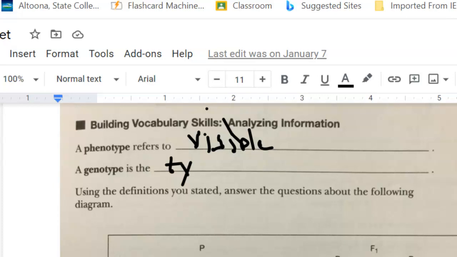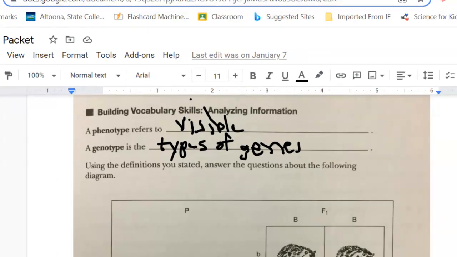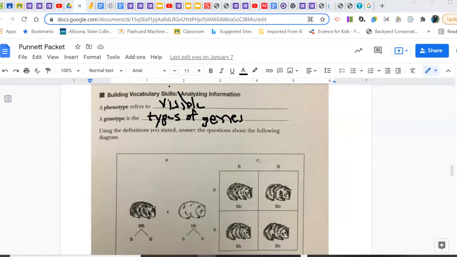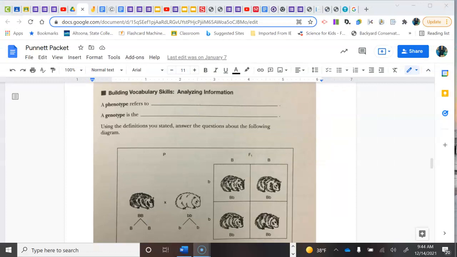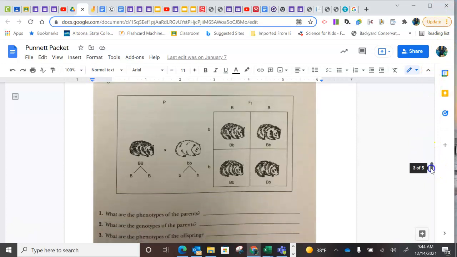Basically, it's the letters. So if we look down below, this one's kind of set up for us here.